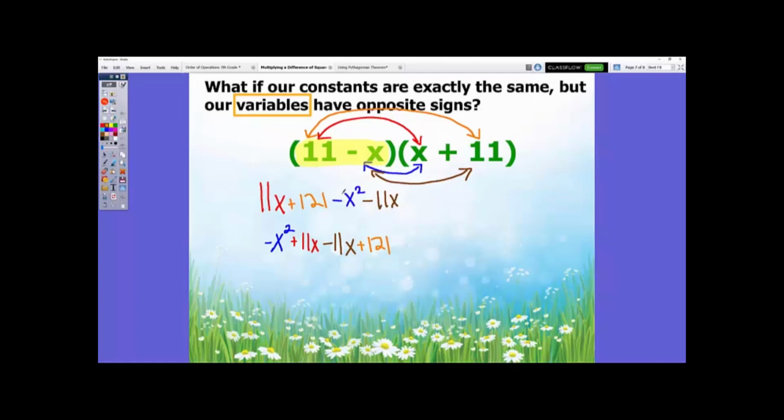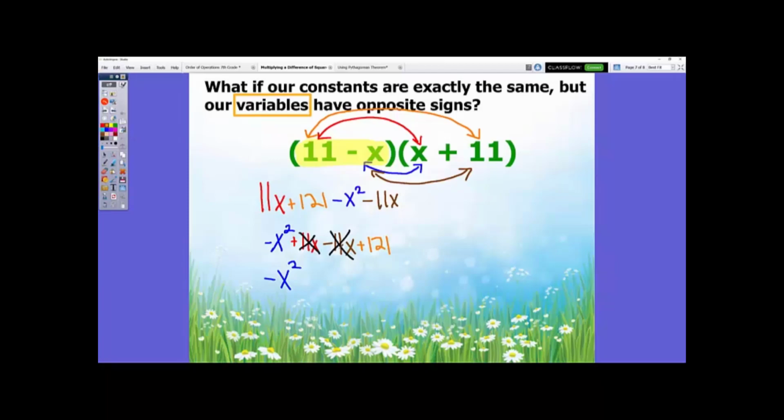There we go. As you can see, when we combine our like terms, the same thing is going to happen that happened in the last two problems. We end up with negative x squared, and positive 11x and negative 11x cancel each other out.